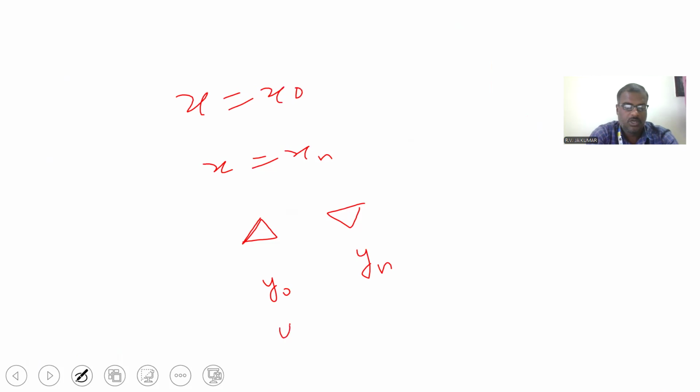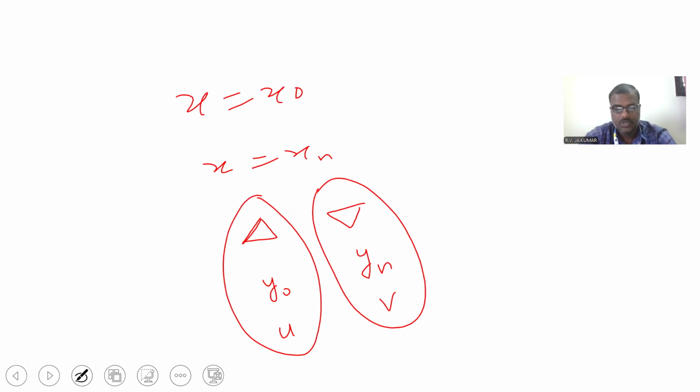For forward, you can use the variable u, and for backward, you have to use the variable v. So these are the three important things in this formula. So x equal to x naught is forward difference, x equal to xn is backward difference.